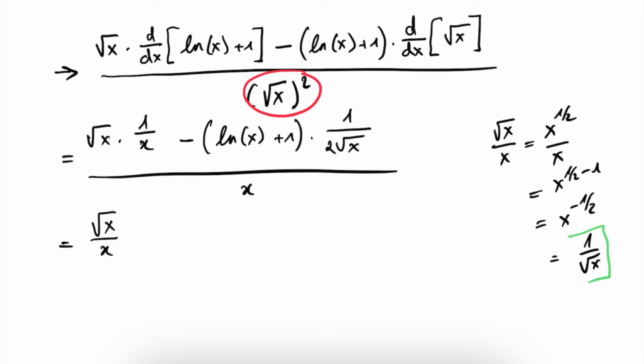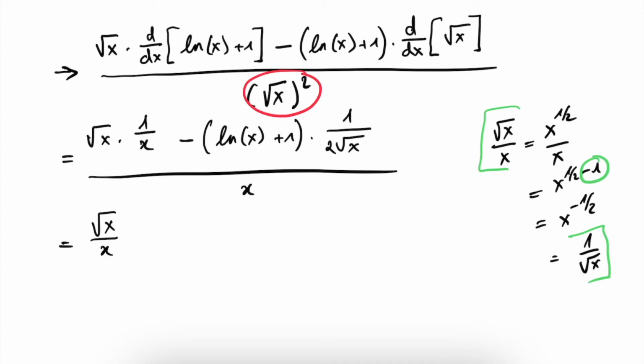So we see that the square root of x divided by x is 1 over the square root of x. And if you're confused by this step, I simply used that 1 over x is equal to x to the power of minus 1. But I guess you already knew this.